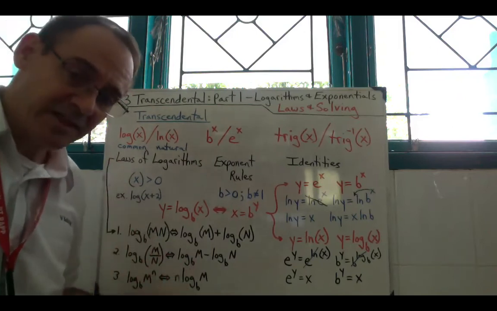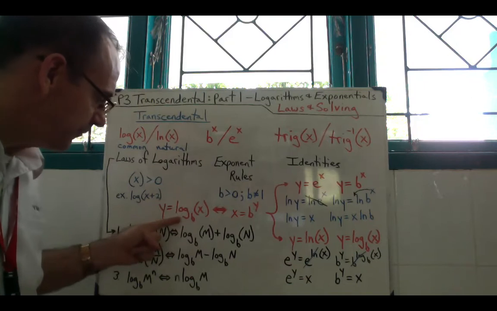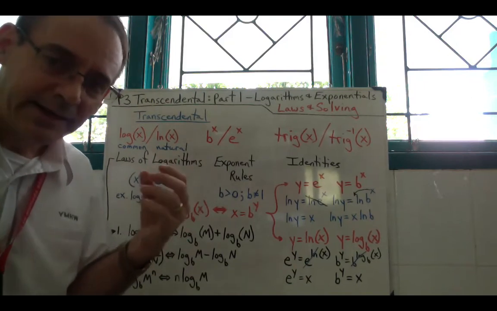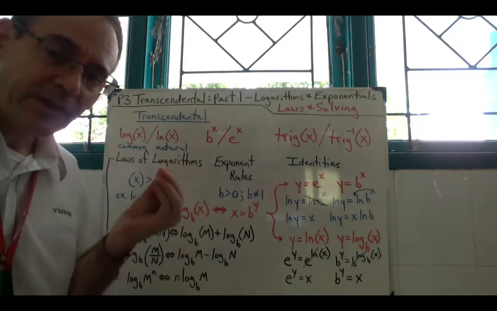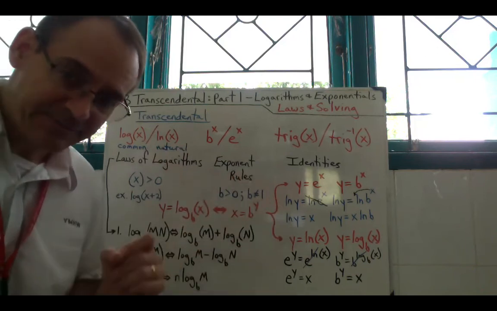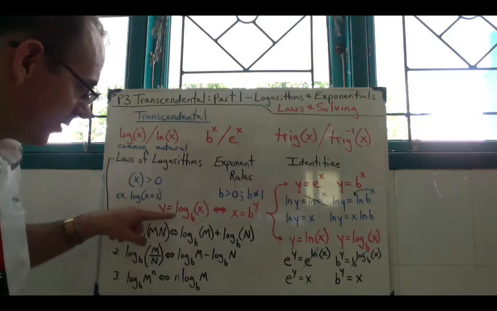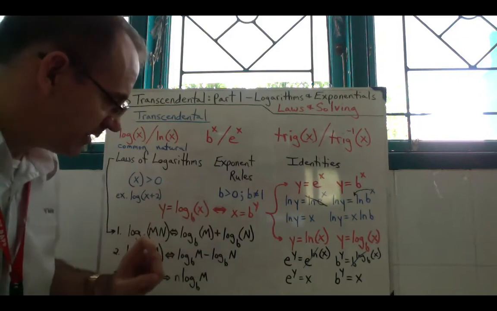So what that means is your answer to a logarithm is an exponent. That's an important conceptual thing to remember. Your answer to a logarithm is an exponent. So your base raised to the power, raised to the exponent, equals the argument.